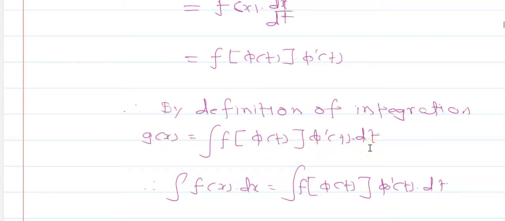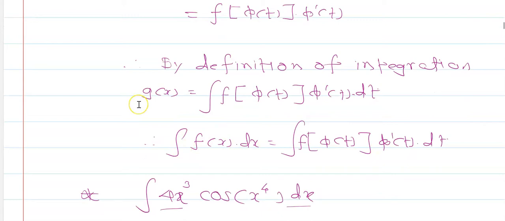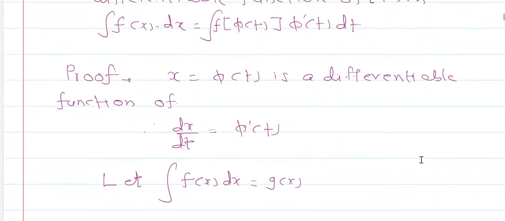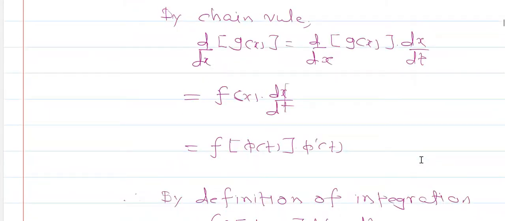And hence g of x, which is nothing but the integral of f of x into dx, is equal to the integral of f of phi of t into phi dash of t into dt. Now you have to remember this theorem, and in the board exam it is sometimes asked.